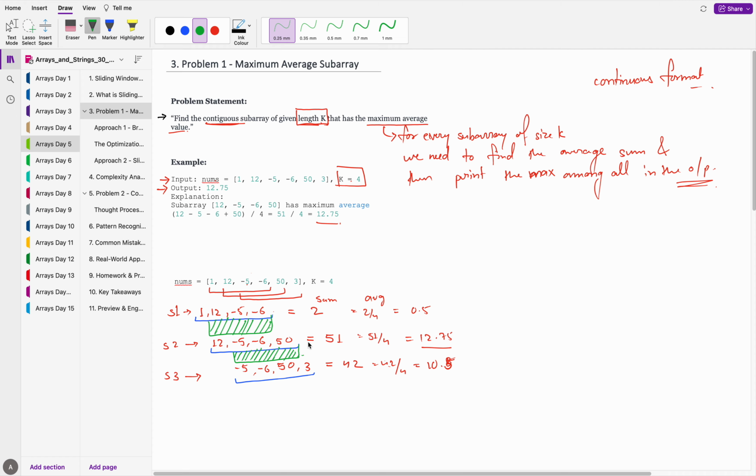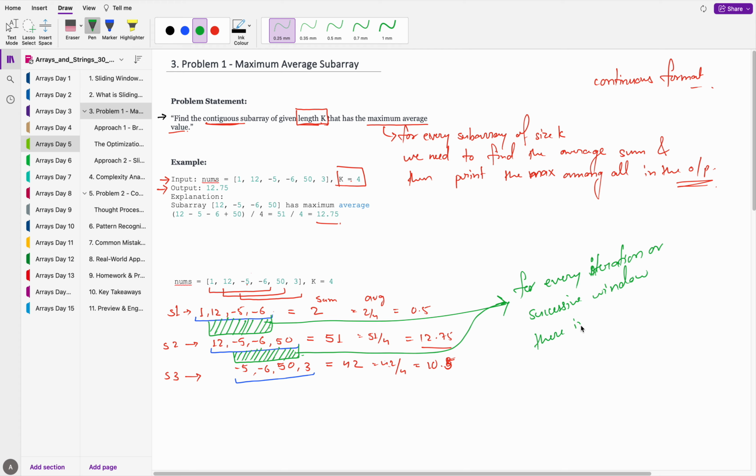Means for every iteration or successive window, what is happening?